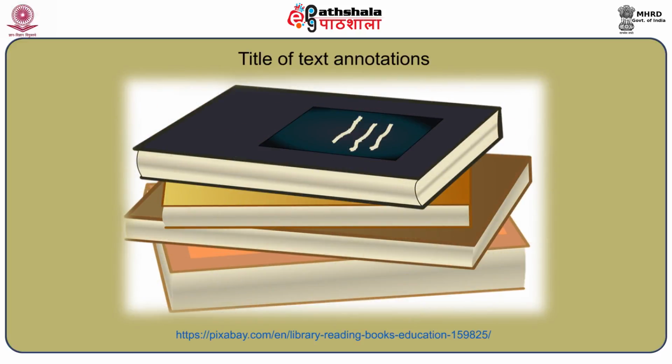The next part is title of text annotation. Once the subject area is identified, we need to give the title of the text. That is another important part. Suppose you come across a book which contains, say, a 4 or 5 word title. It is very difficult to represent the entire title of the book in the text file name.